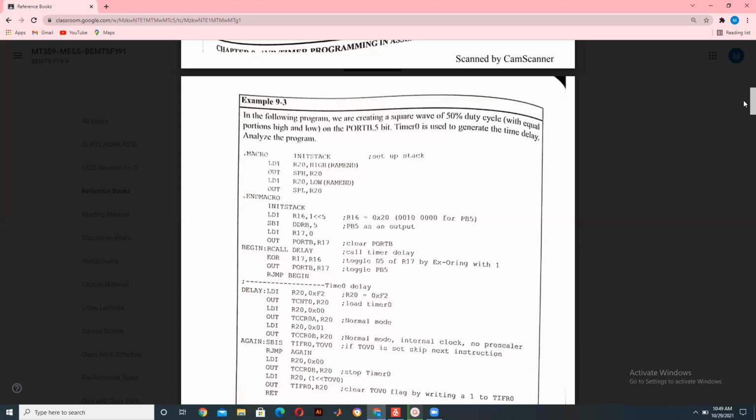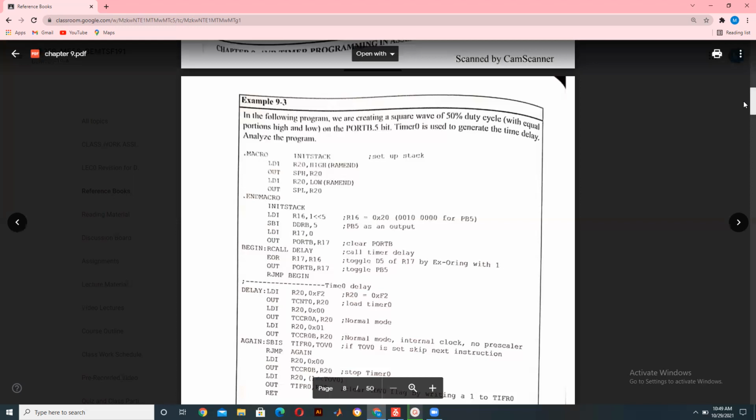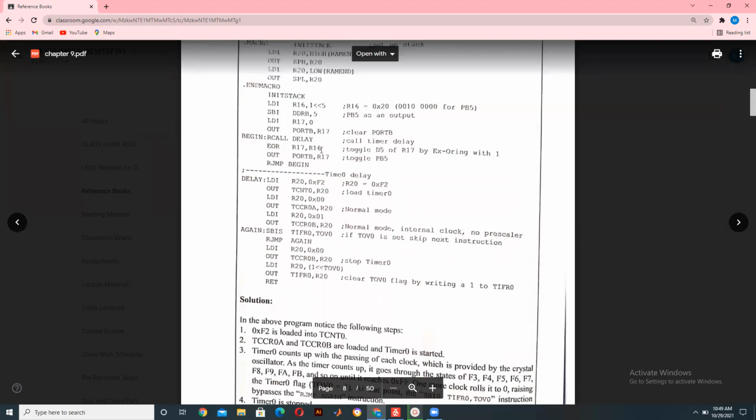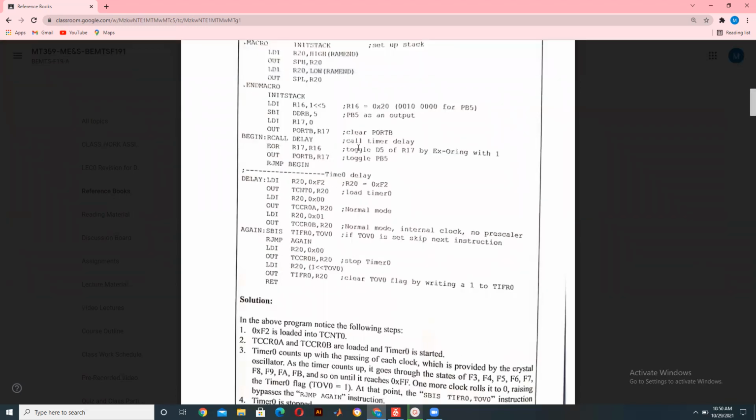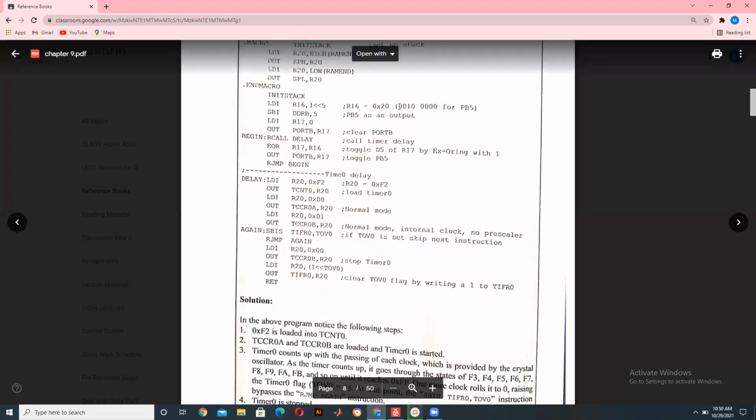We have the timer delay over here, and before it we use EOR R16, R17 to toggle bit 5 of R16 by XORing with 1. We already know R16's value was 0010 0000, and R17 is already all 0.